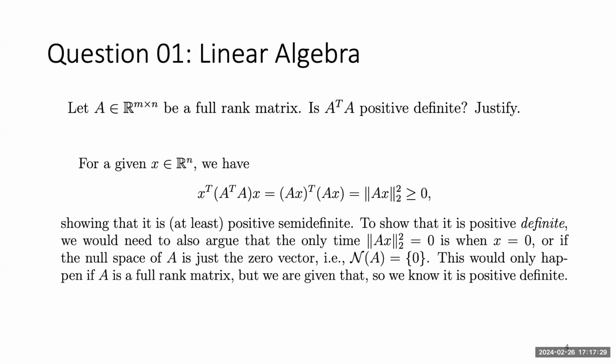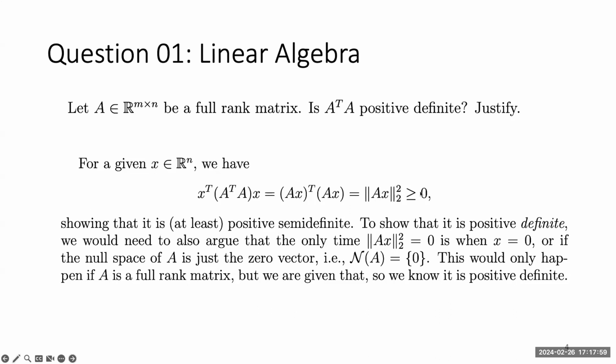Ax is valid because A is an M by N matrix times an N by 1 matrix, which gives an M by 1 vector. And whenever you see something transpose with itself, that's mathematically the same as something squared, so it's greater than or equal to 0.